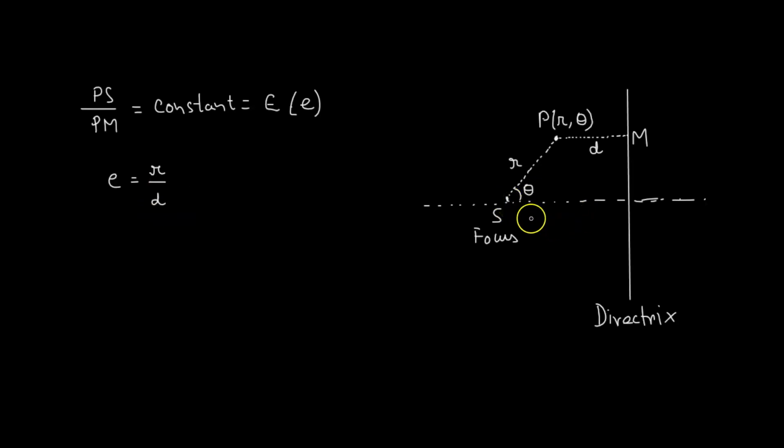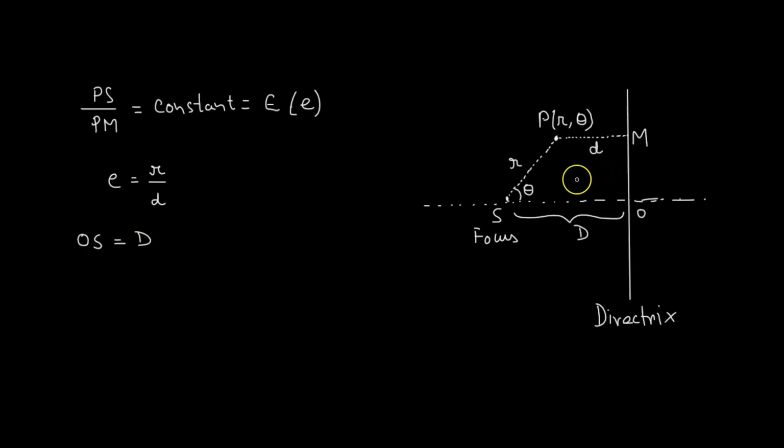Now let us suppose that the perpendicular distance of the focus S from the directrix is given by uppercase D, and let's say it meets the directrix at point O, such that we have OS equals distance D.